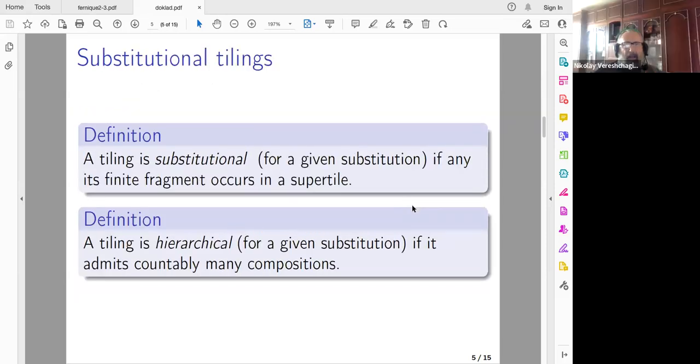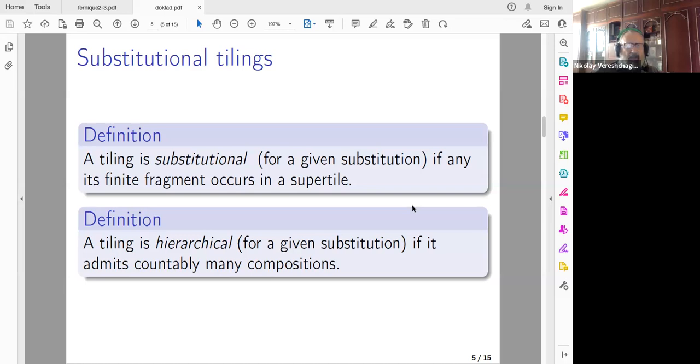And then the first main notion is a notion of a substitutional tiling. So we assume that a set of tiles is fixed, a substitution is fixed, and we call a tiling of the plane or of a part of the plane substitutional if any of its finite fragments occurs in a supertile.